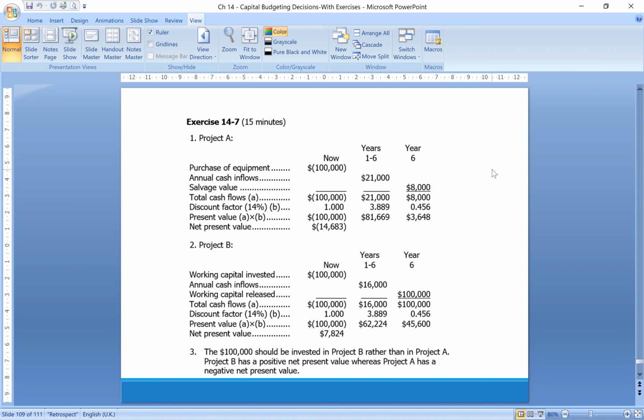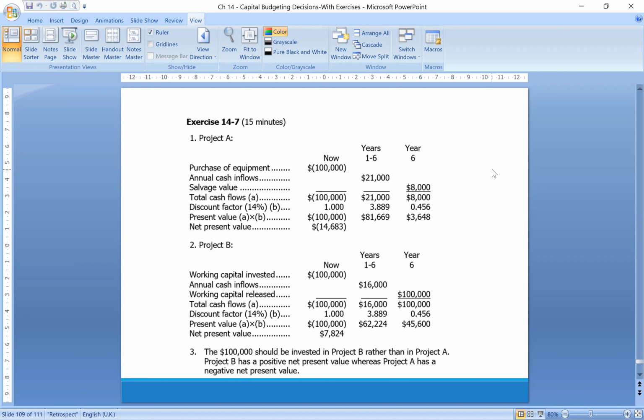So the factor will be 3889. This factor comes from 14 and 6. So 3889, and the answer will be 81,669. Positive or negative? Positive, because it is cash inflows.